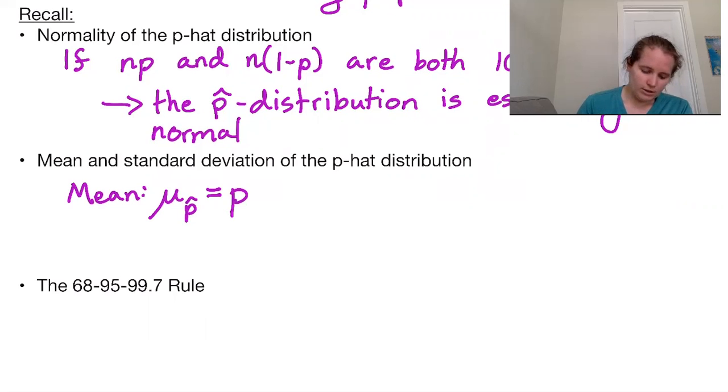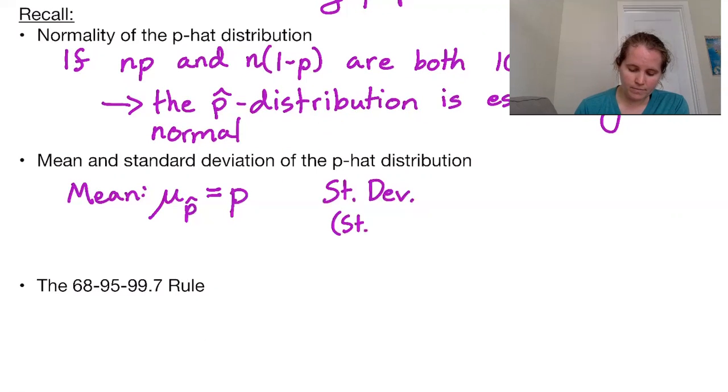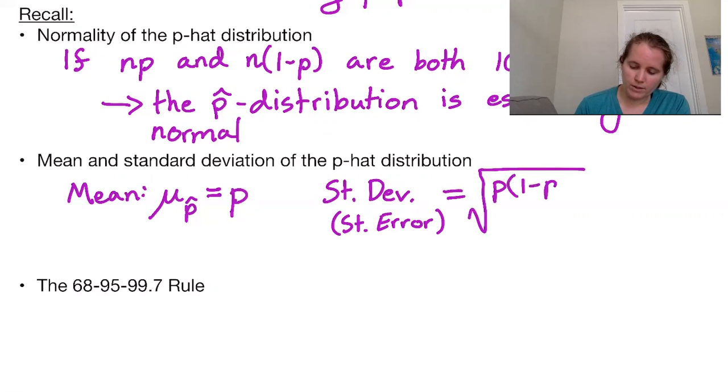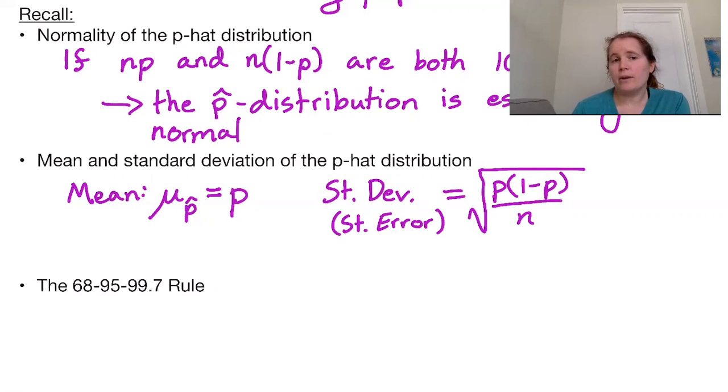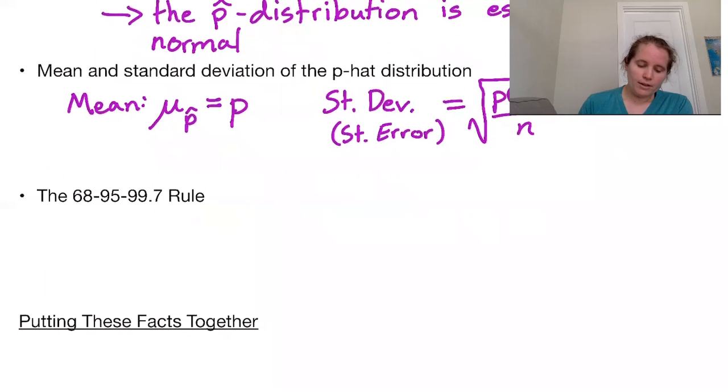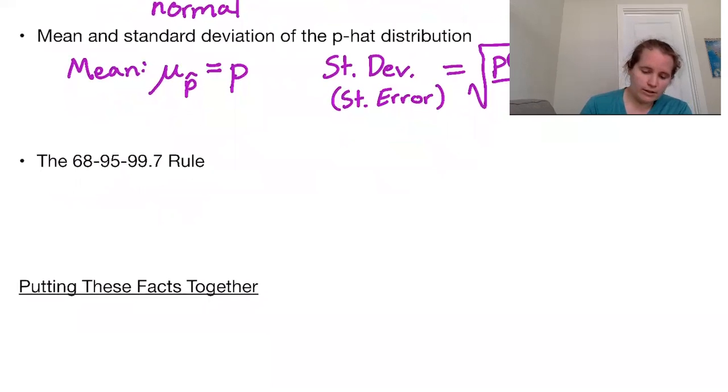And our standard deviation, otherwise known as the standard error, is equal to the square root of p times 1 minus p divided by n. So as long as we have that large enough condition for the p-hat distribution to be normal, we also know what the mean and standard deviation should be, just knowing the true population proportion and the sample size.